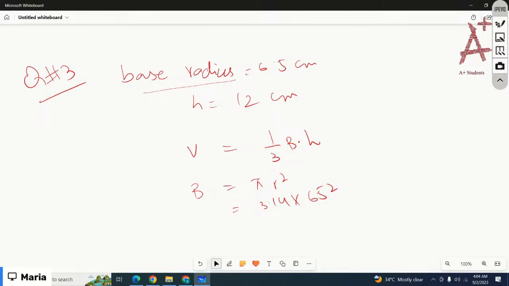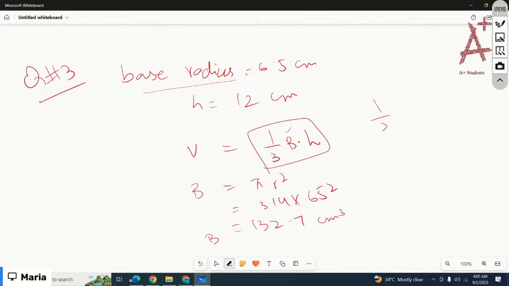Let me just do the calculations. 6.5 square times pi, that is 132.66, or you can say 132.7, that is the base, centimeter square. Now we have to calculate the volume. We have the base and height is already given.